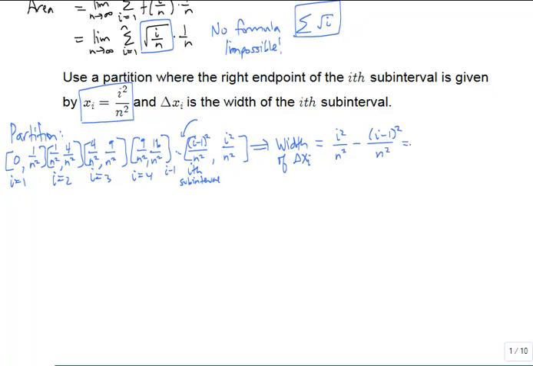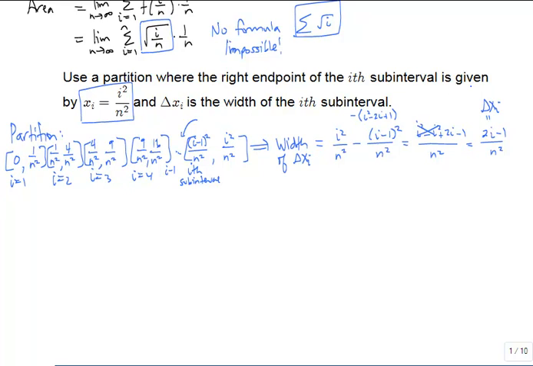And this has a common denominator already, so this is just going to be i squared minus, I'm going to go ahead and FOIL out (i minus 1) quantity squared. So that's i squared minus 2i plus 1, but we have this negative in front of it, so I have to distribute that minus across. So it'll become minus i squared plus 2i minus 1. So the i squareds cancel, and this is (2i minus 1) over n squared. So this is now our delta x sub i.